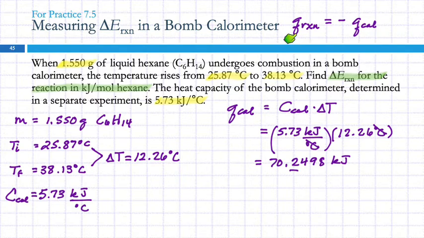So to find Q for the reaction, we're just going to take this and multiply by -1. So Q reaction equals negative 70.2498 kilojoules. And Q reaction is equal to the change in energy for the reaction.